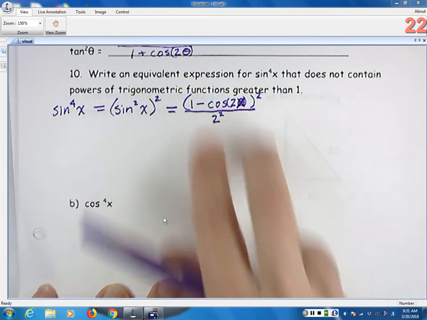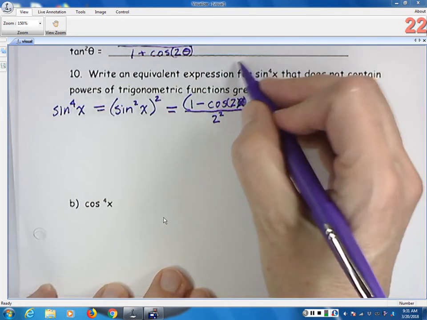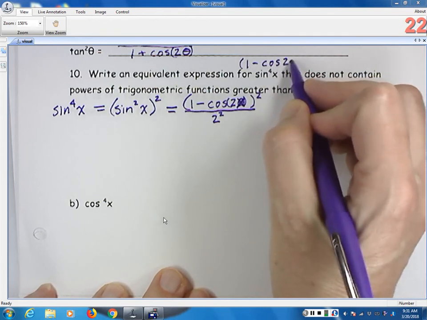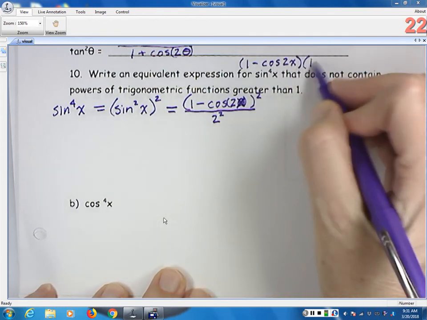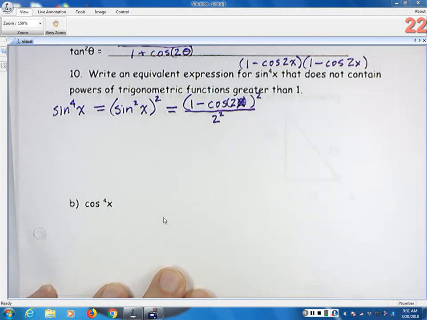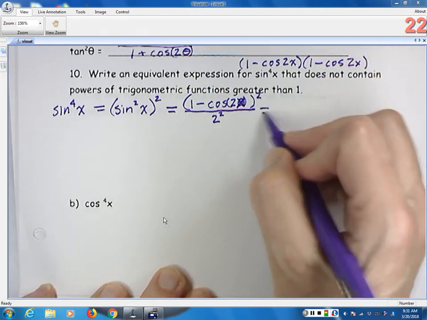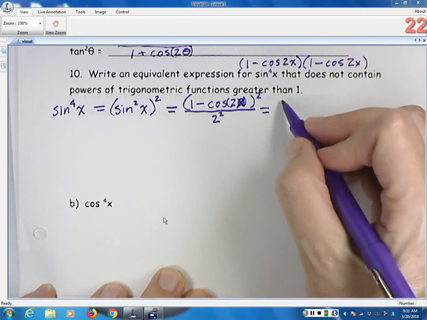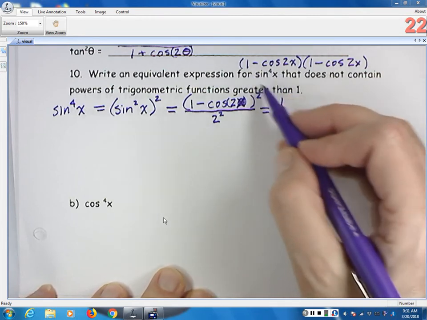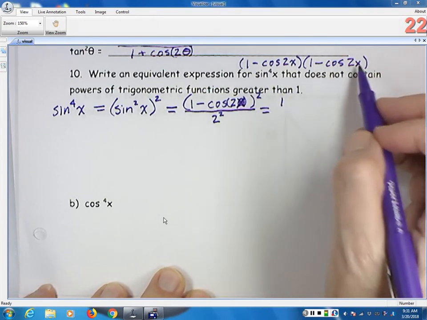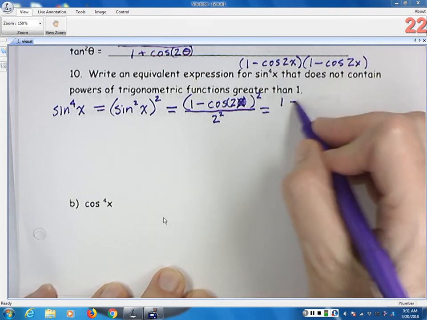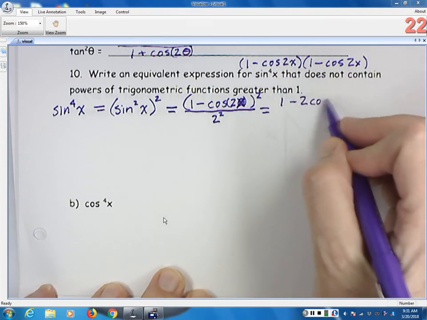So, I can write it up here: 1 minus cosine 2x times 1 minus cosine 2x. So we're going to FOIL that. 1 times 1 is 1. The outer term is minus cosine 2x. The inner term is minus cosine 2x. We get minus 2 cosine 2x.